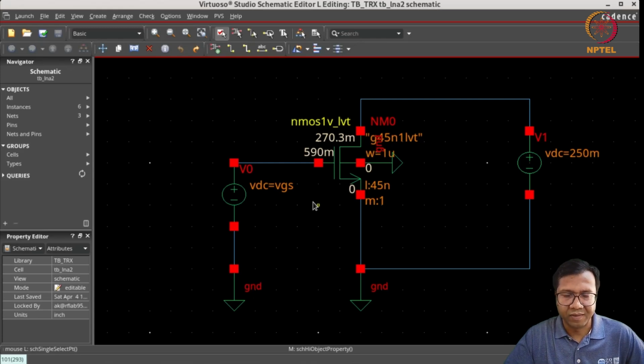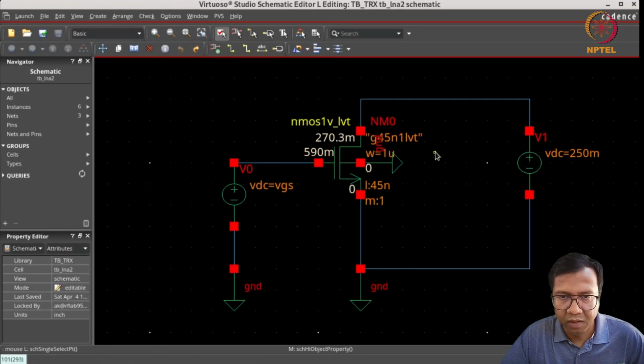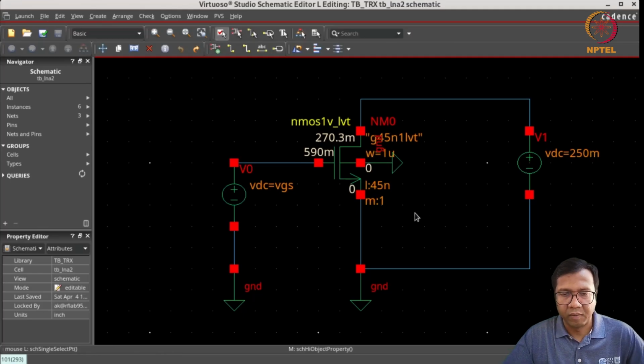So it ensures that the spurious terms because of the third order nonlinearity are as low as possible, at least due to the gate swing. So to find the optimum VGS, which gives the minimum GM3, we need to find out what is the derivative of GM with respect to VGS. And then we take one more derivative to find the VGS for which GM3 is 0.